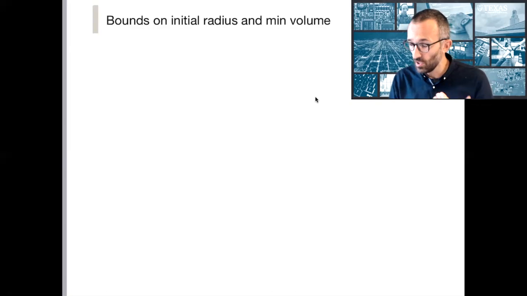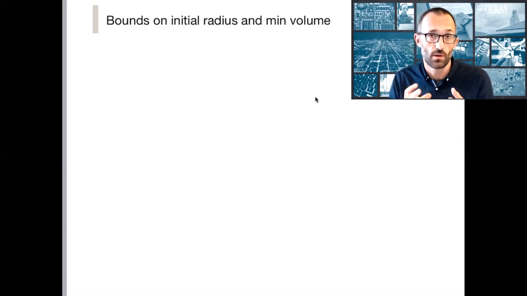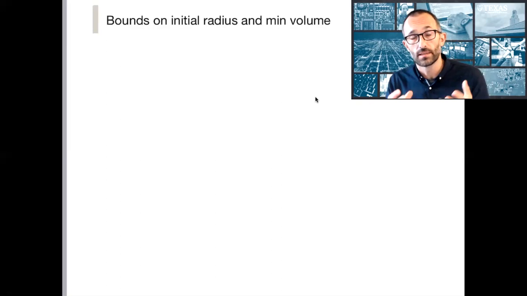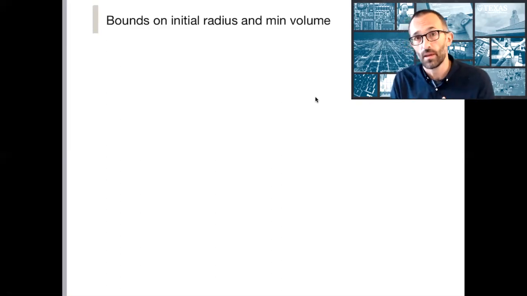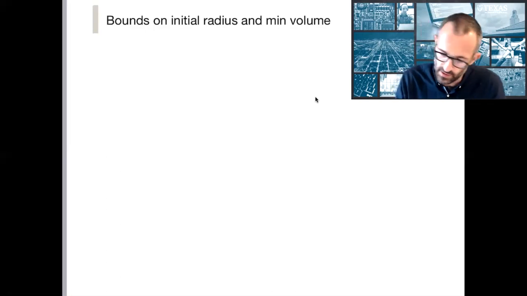And then we also need to know when we can stop. So our assumption here is that we are given a polytope that is either empty or contains minimum volume. But in fact, we don't have to assume this. We have the following two results.